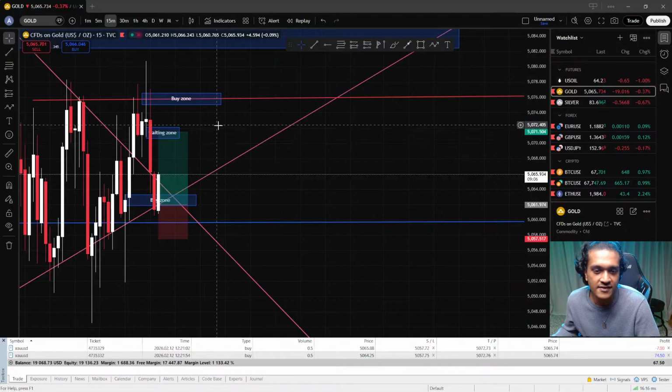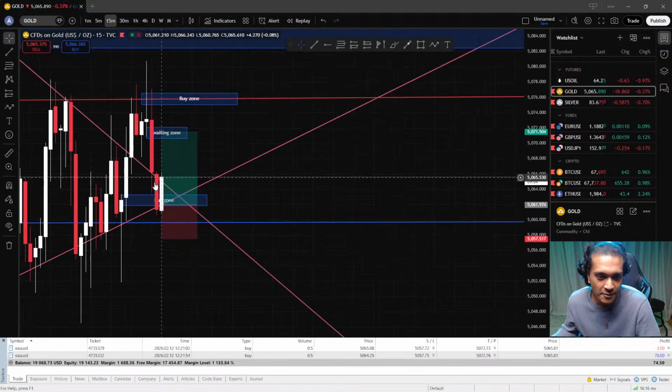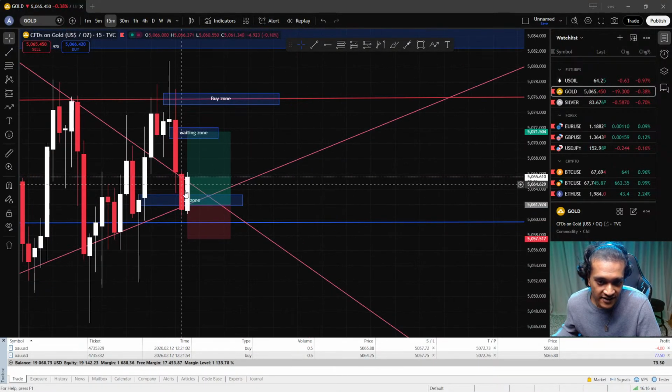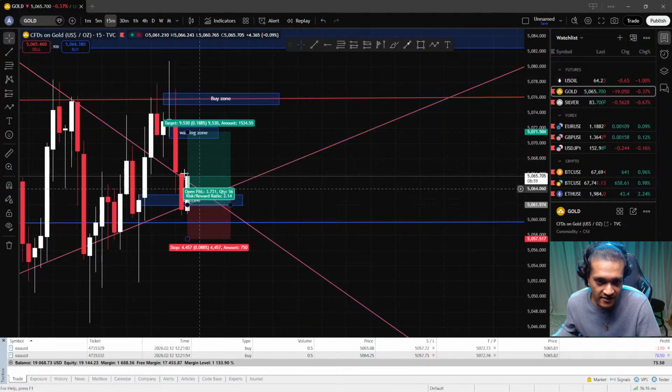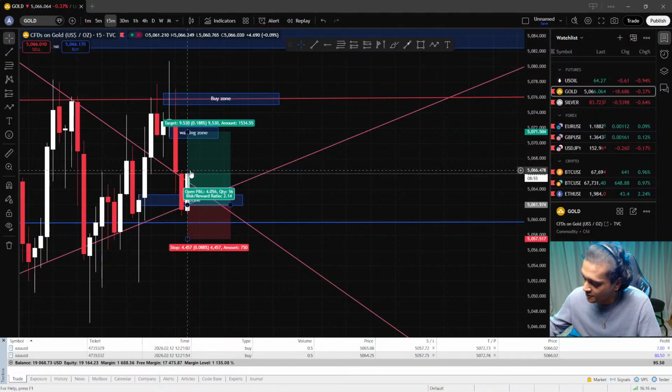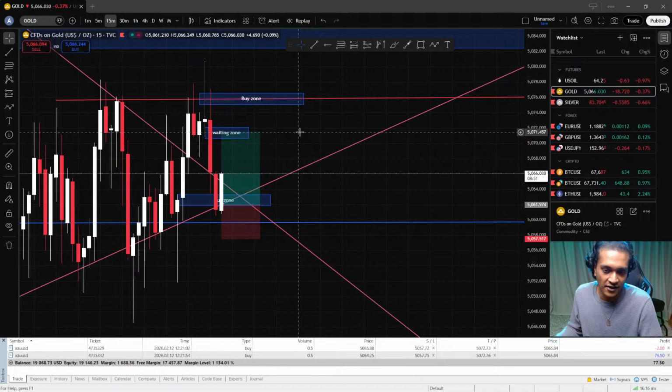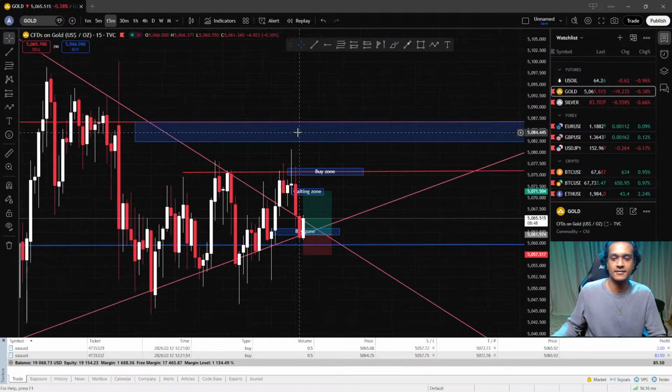Okay, come on, man. Please, M15, engulf this candlestick. If this candlestick engulfs the previous candlestick, which becomes bullish from bearish, then we are on a safe journey to hit our TP.